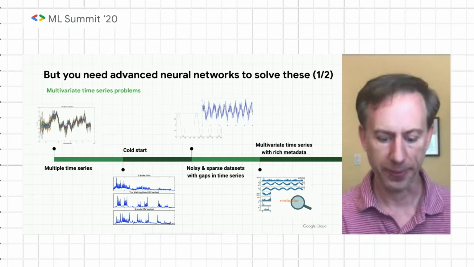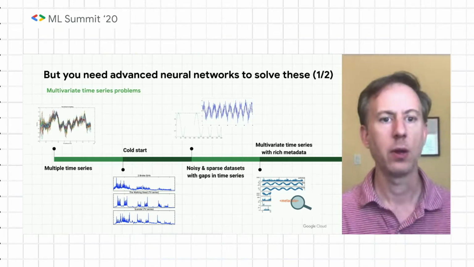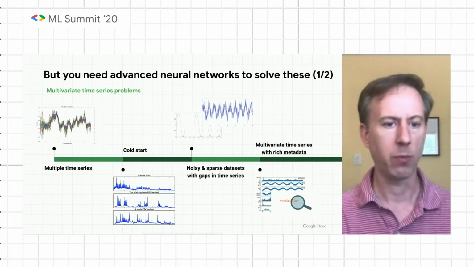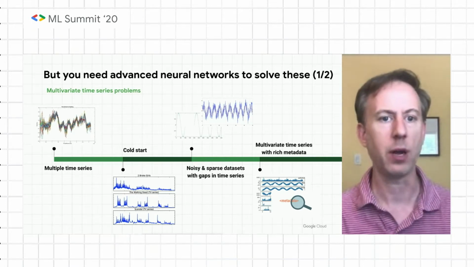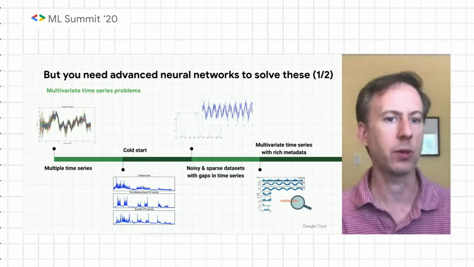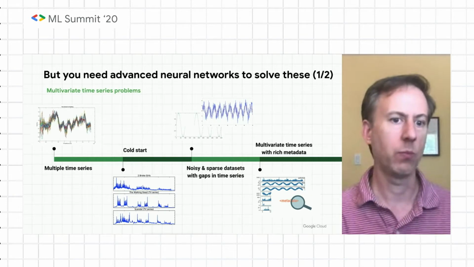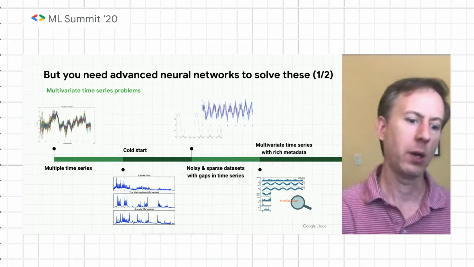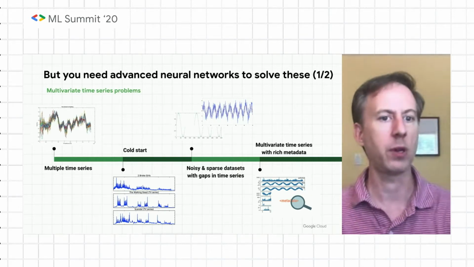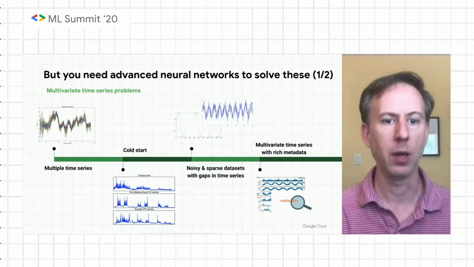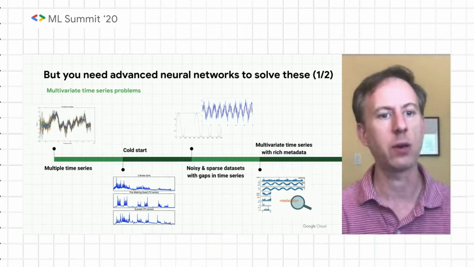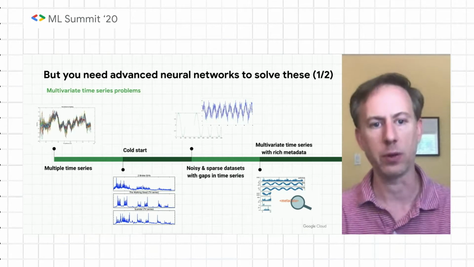For instance, maybe what we're trying to do is track store traffic over multiple stores at the same time. And maybe there are relationships between those different stores. There are traffic patterns where if more people go to one store, they are pulling away traffic from another.